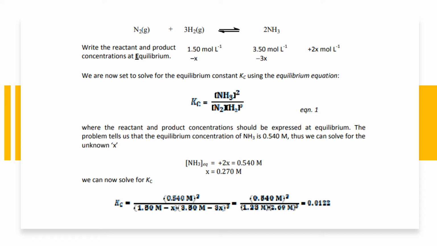So 1.50 minus x, in place of x you're going to put 0.270, which will give you 1.23. And the same for H2 and NH3, and then solve for the Kc value.